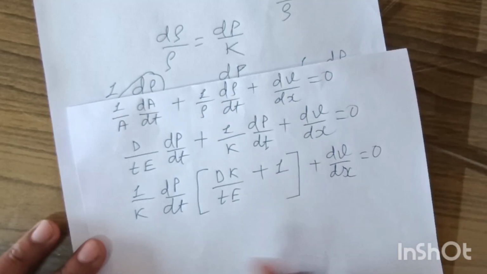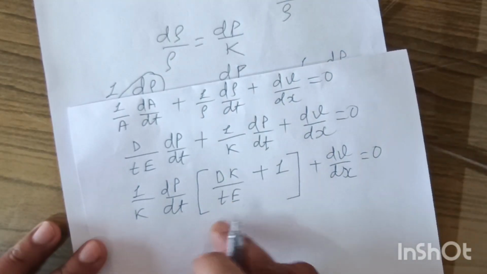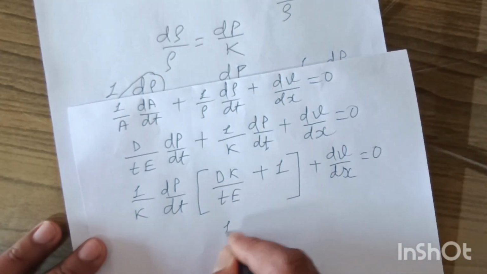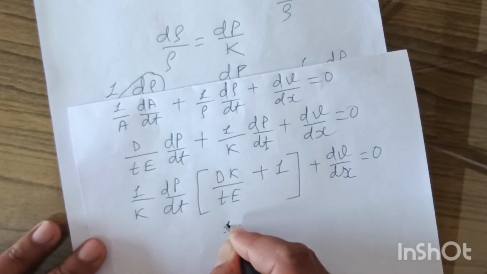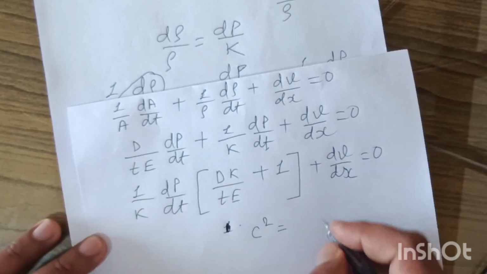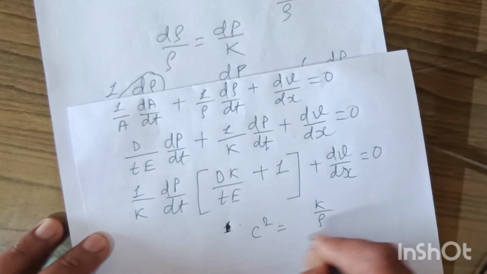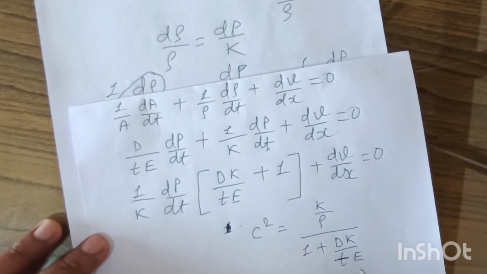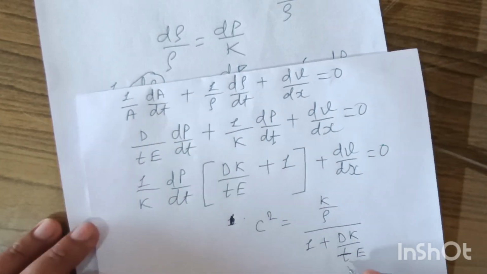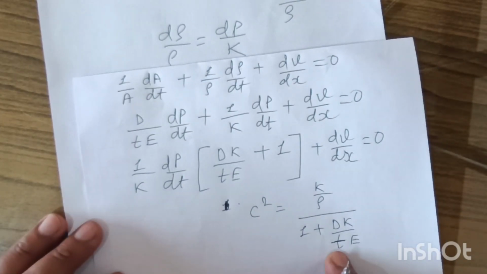You can say that this 1 plus dk by t is related to c square, equal to k by rho times 1 plus dk by t. This t is the thickness, not the time. Here it is written as tm, but in this case I have written t. So understand, this is the thickness of the pipeline.